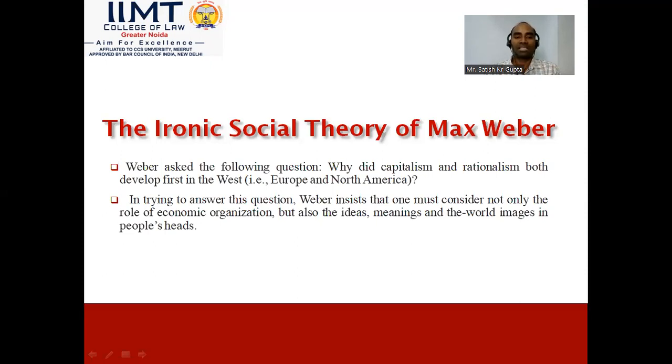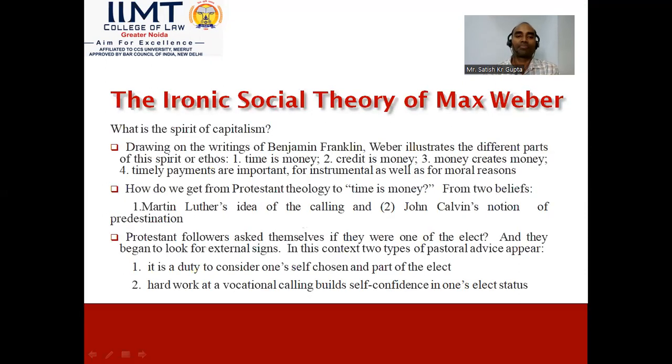So we were asked the following question: why did capitalism and rationalism both develop first in the West, Europe and North America? In trying to answer this question, we were told that one must consider not only the role of economic organization, but also the ideas, meanings, and world images of people.